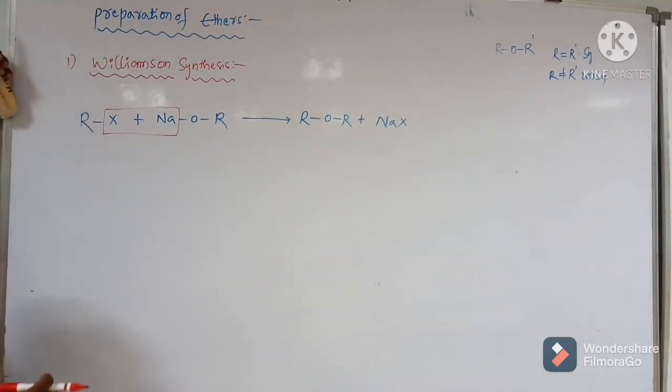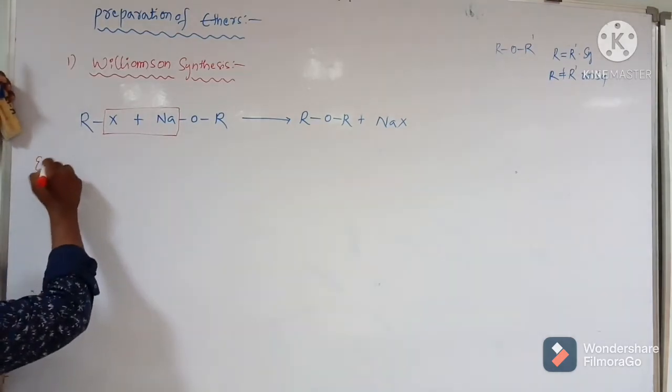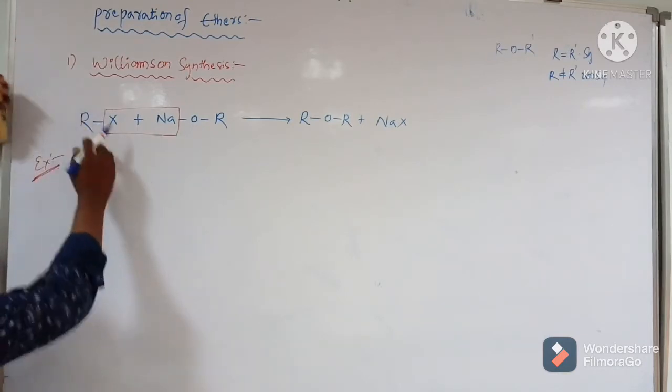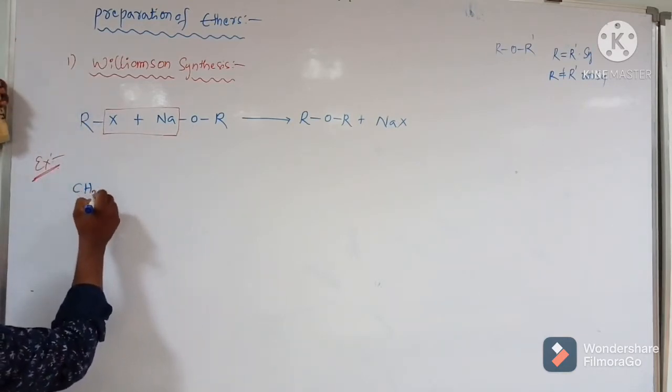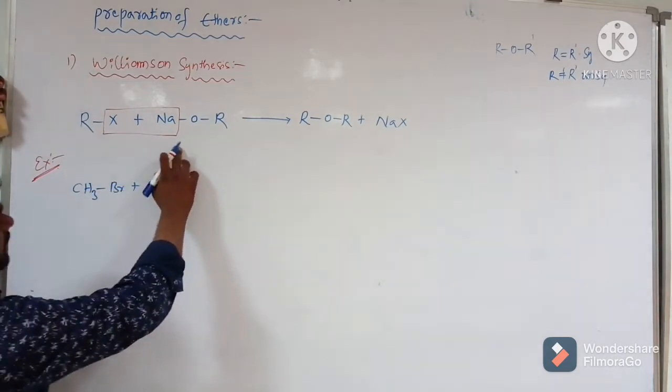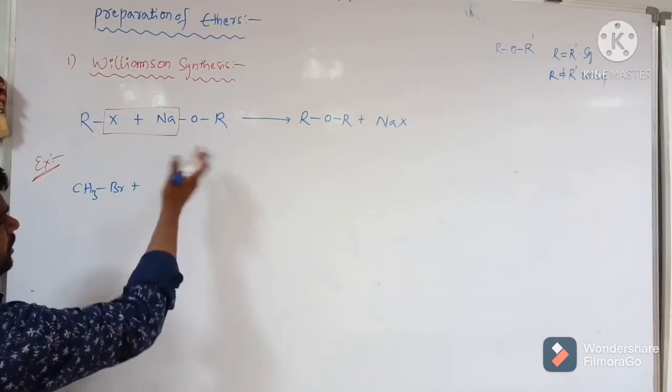So let's take one example. In the place of alkyl halide, we take CH3Br plus sodium alkoxide. We take sodium methoxide.